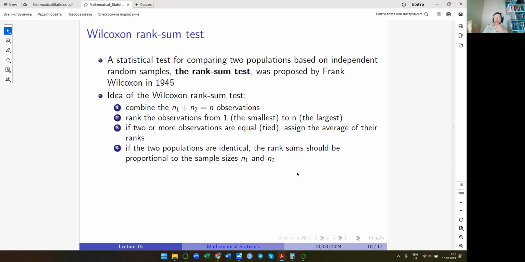There should be some kind of switching of the ranks between the samples. So the rank sums should be more or less equal, or proportional to the sample sizes if the sample sizes are different.